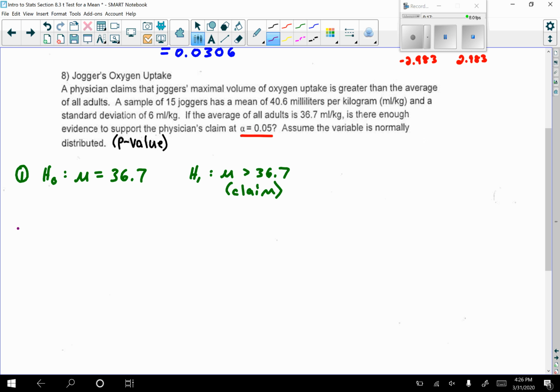So now step 2 is to find the test value. T is going to equal 40.6 minus 36.7 over our standard deviation, 6, divided by the square root of 15. So go ahead and calculate that. You should get 2.52.